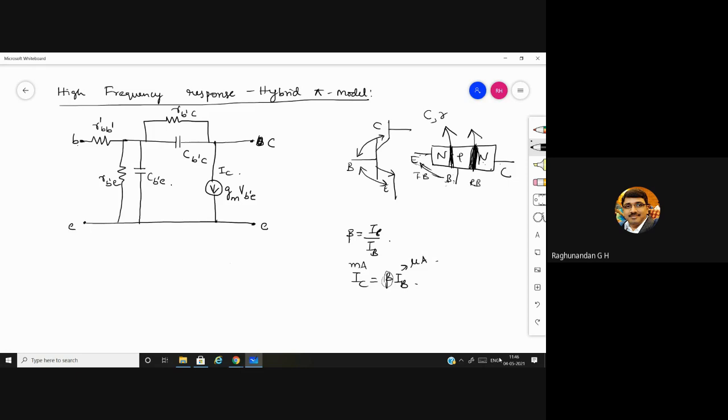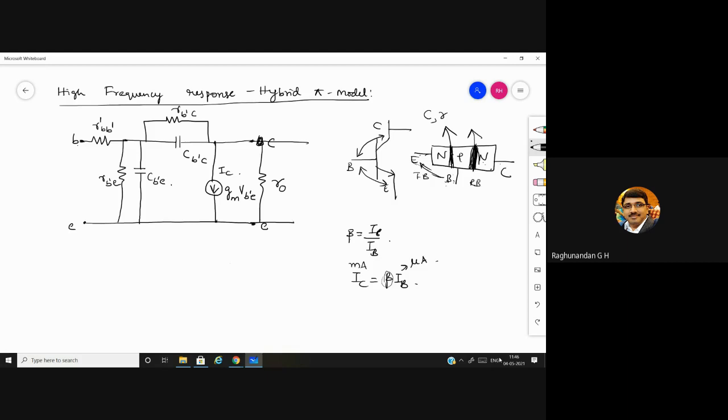Other than that, since we are taking the output across the collector and the emitter, we have an output resistance. Okay, this is the high frequency model or hybrid pi model.